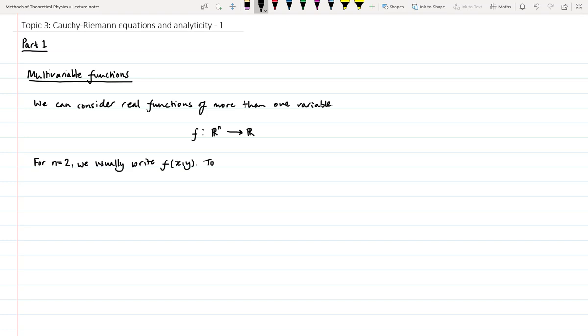To visualize the action of such a function, we don't just draw it as a graph on the real line, as we do for functions of a single variable. Instead, we draw it over the plane.